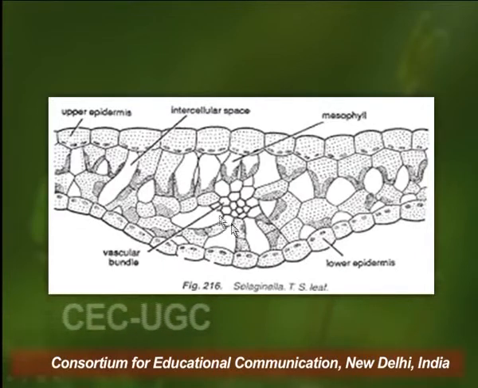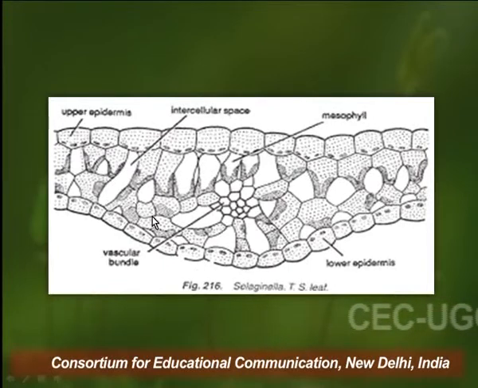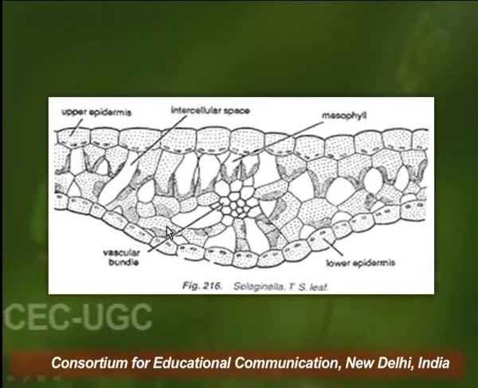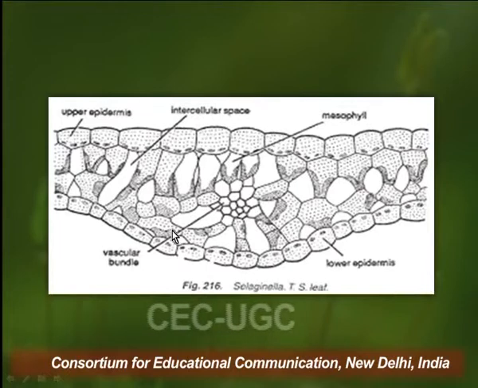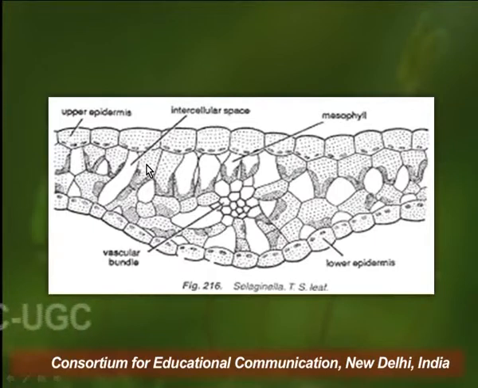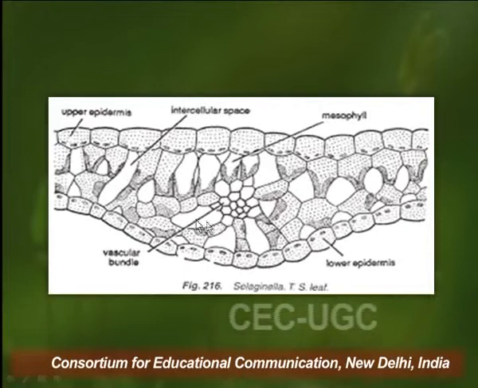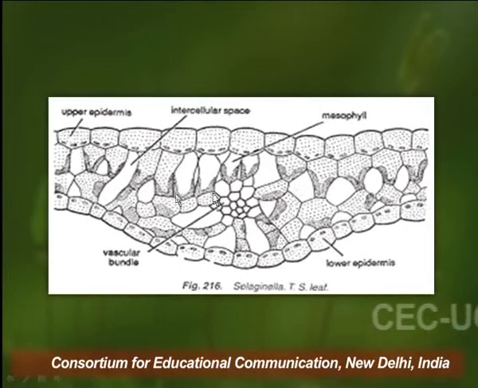In between the upper and lower epidermis lie mesophyll cells. Mesophyll cells are parenchymatous cells which contain multiple chloroplasts. Because of the presence of chloroplasts, they are the major sites of photosynthesis.